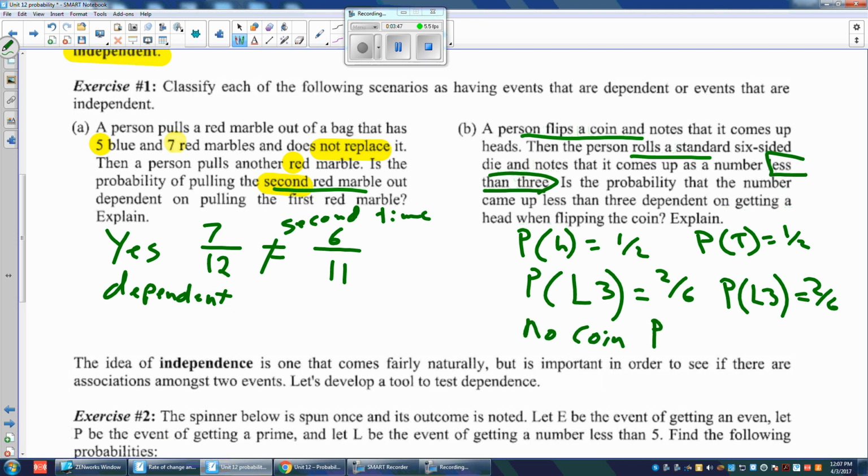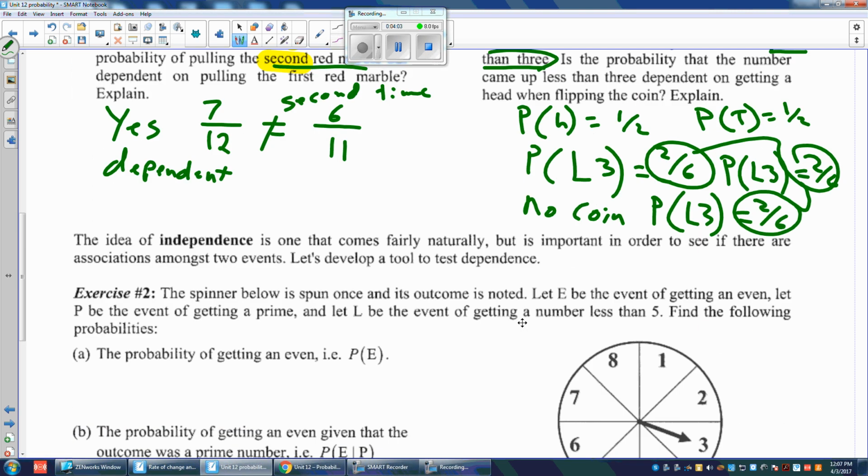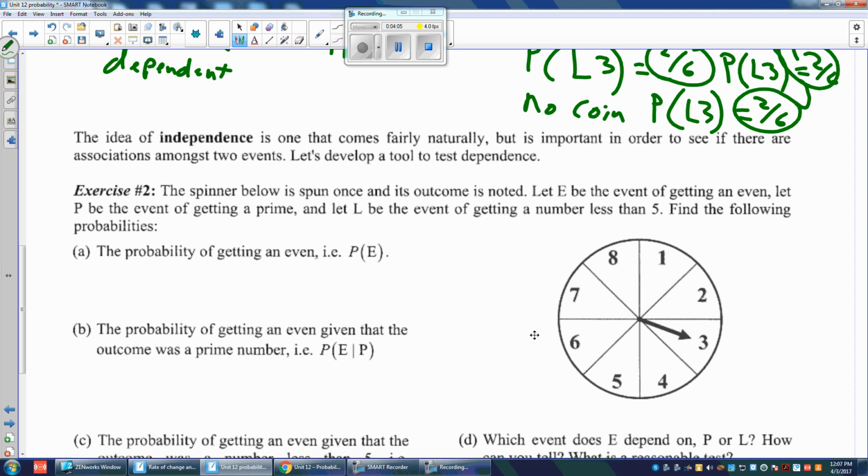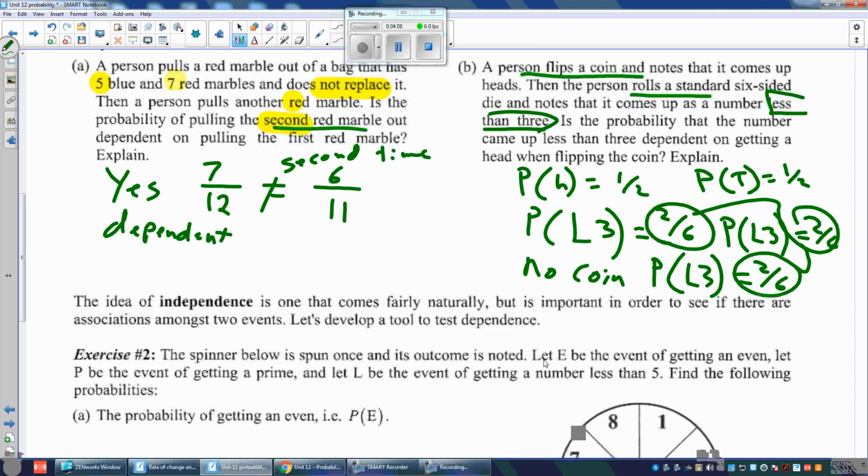What's the probability that I get less than 3? It's still 2 out of 6. Every scenario possible does not change the outcome. It's going to be 2 out of 6. Independent.